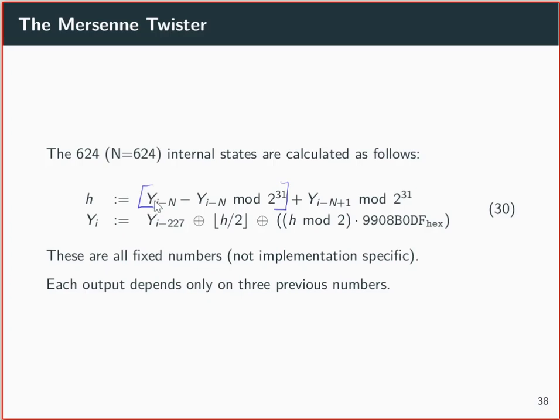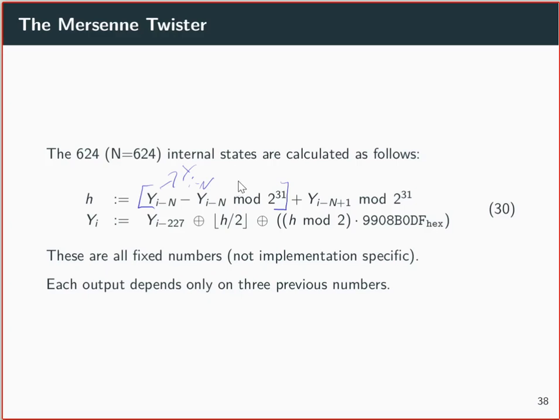Well, one number minus the same number mod 2 to the 31 is just a mathematical way of saying we take the highest bit of this state.